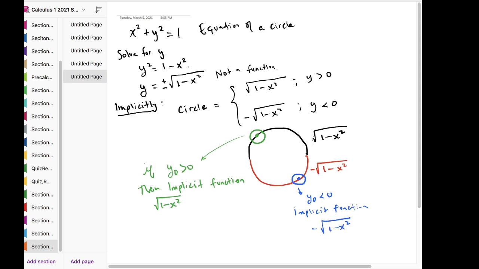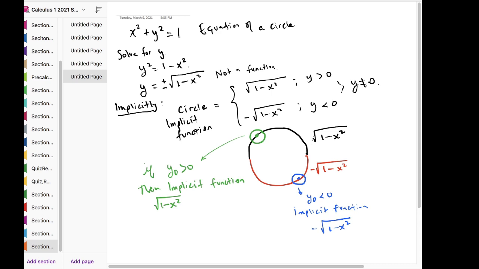Why don't I include y equals 0 in my implicit function? Yeah, I cannot describe that area implicitly, right?